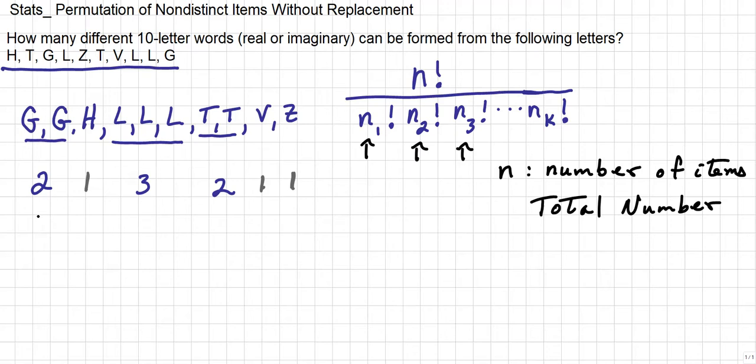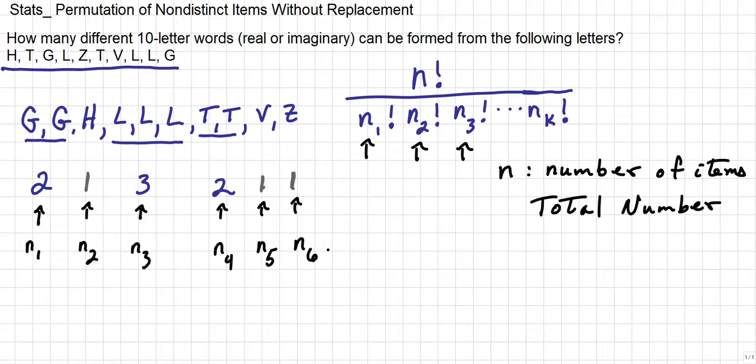For example, this right here is going to be your n sub 1. This will be your n sub 2, n sub 3, n sub 4, n sub 5, and finally, n sub 6. So we actually have 6 distinct items, but 10 non-distinct items.